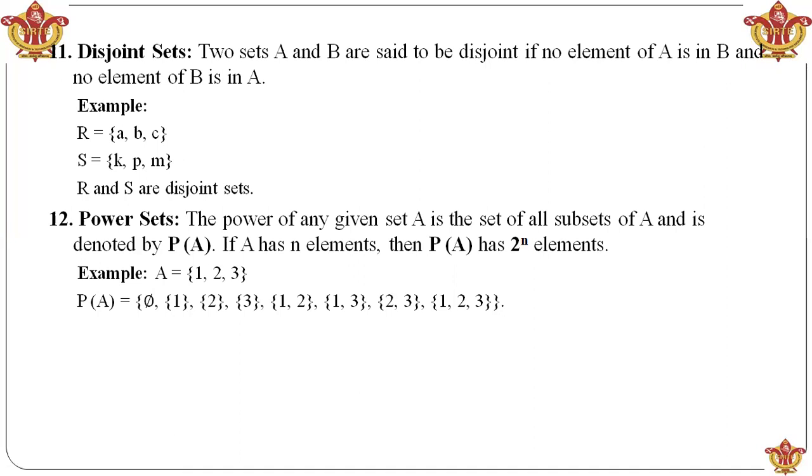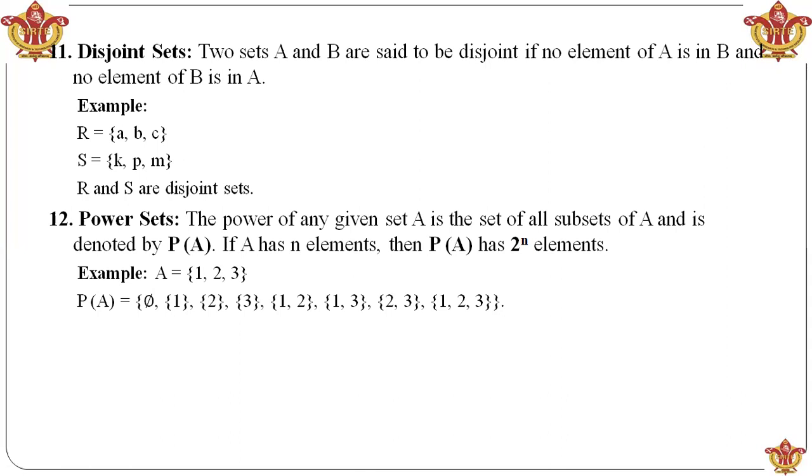In the continuation of set theory, we're going to discuss the power set. So what is a power set? The power set of any given set A is the set of all subsets of A, and is denoted by capital P of A. If A has n elements, then the number of subsets is 2 to the power n. Let's take an example to better understand.